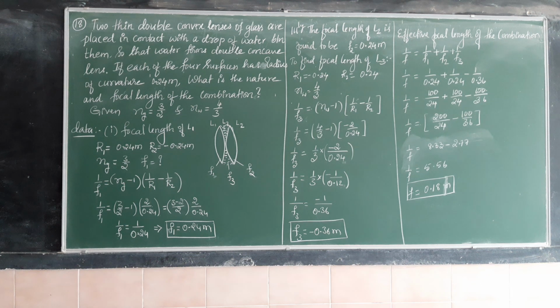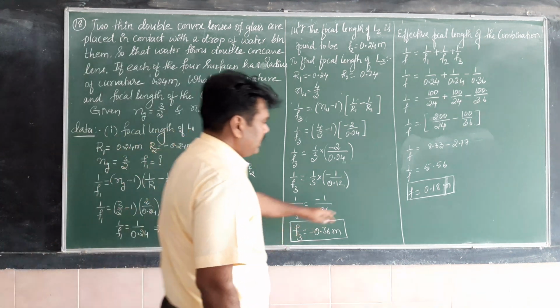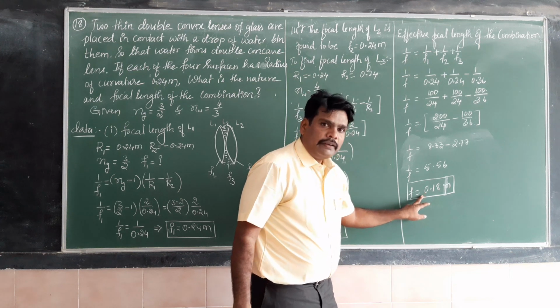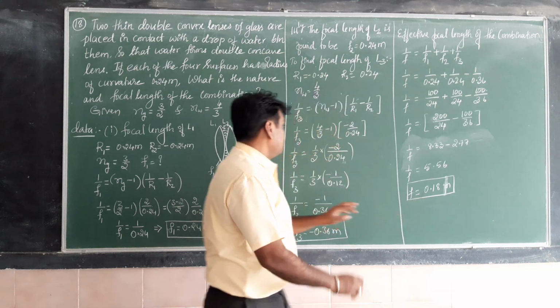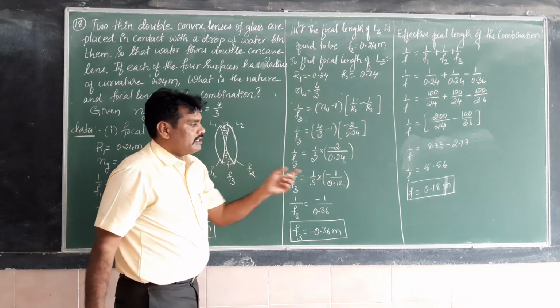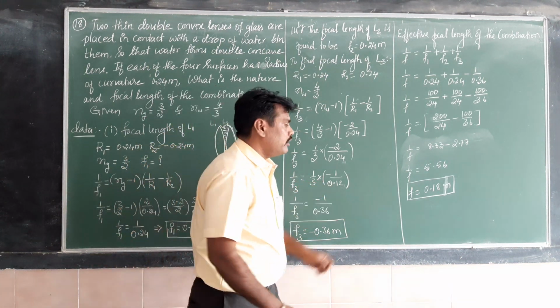The reason is that the third lens behaves like a concave lens. See the final answer. Here from the final answer we are getting a positive answer. So f is positive, which means by combining all three lenses, the resultant lens acts like a convex lens.